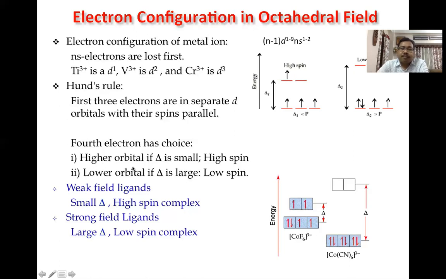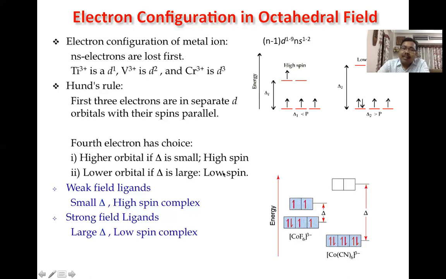The first one is, if the energy gap between these two sets of orbitals is very high, meaning if the crystal field splitting is very high, then the fourth electron will occupy the lower lying d orbital rather than going to the higher lying d orbital. It will get paired up.